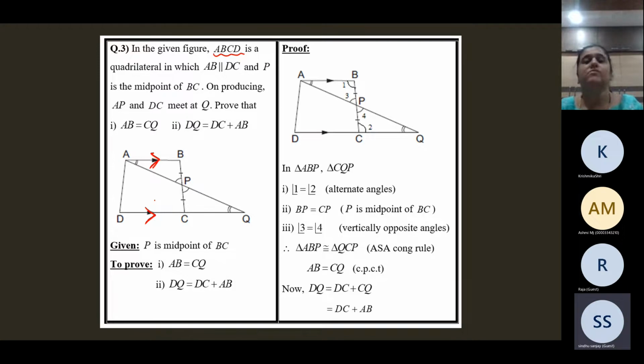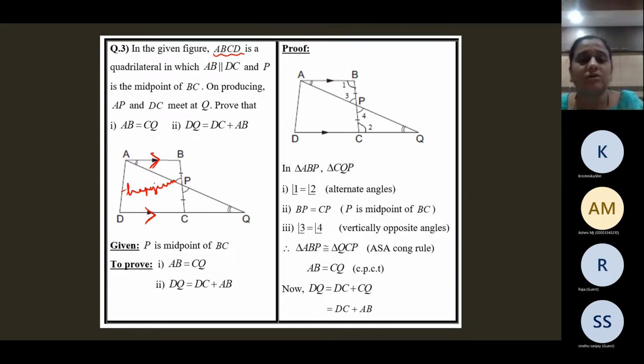Ma'am, trapezium. Because a trapezium is a quadrilateral in which one pair of opposite sides is parallel.